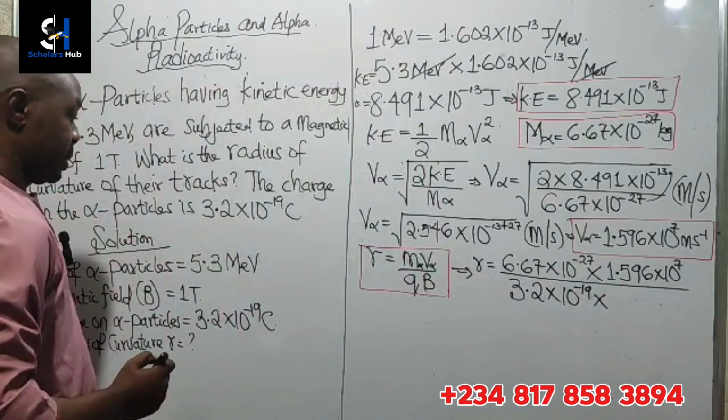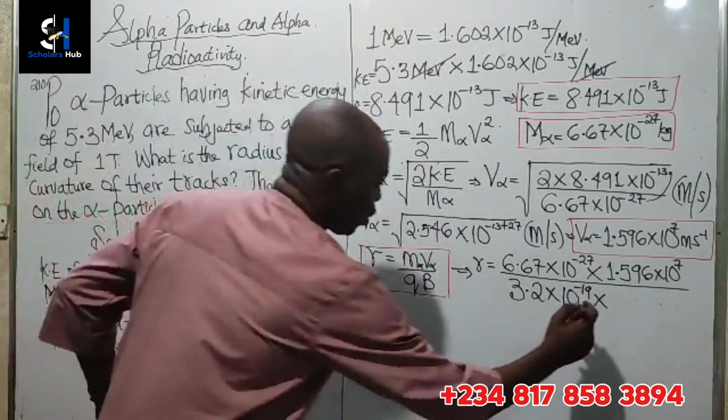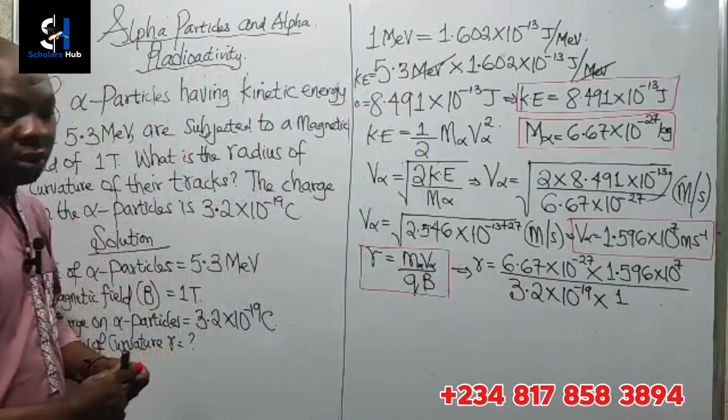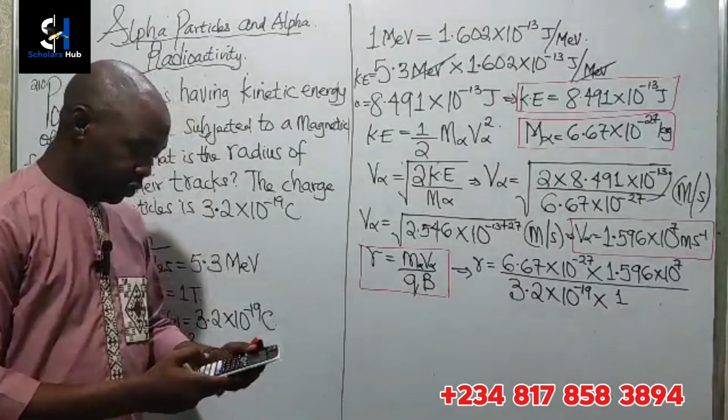Then multiply by the magnetic field intensity, which is 1.